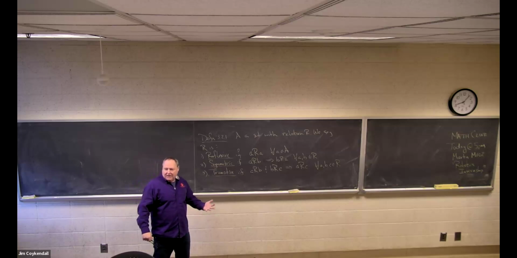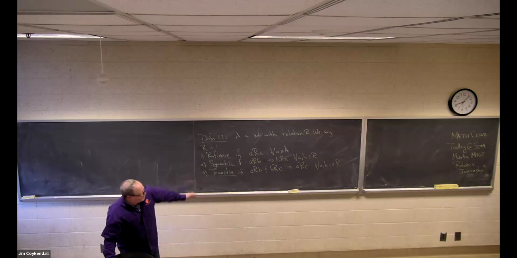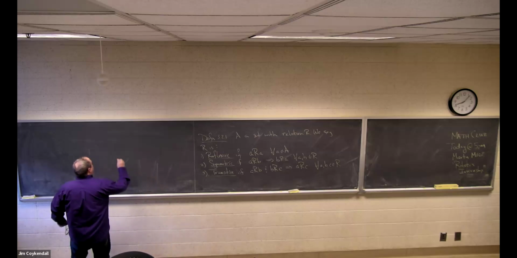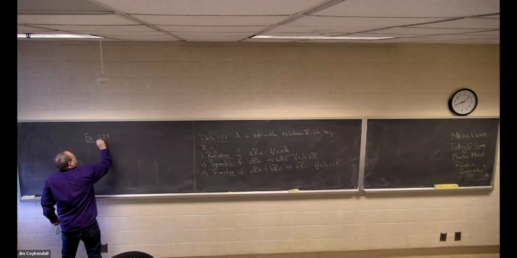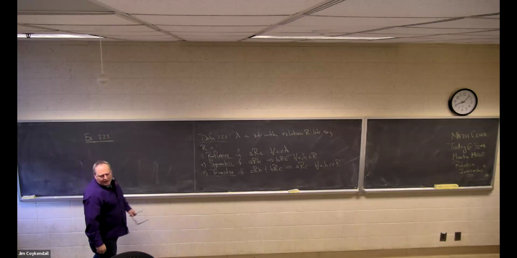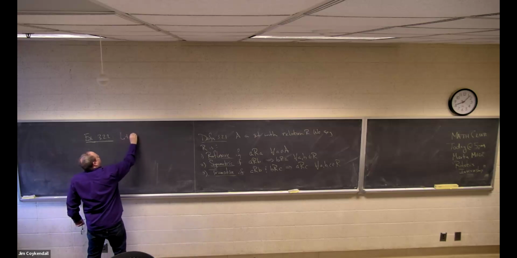This mimics equality. We had some examples last time where we had some things that satisfied all three of these that weren't just ordinary equality. So here's some more examples. This is going to be good for us. Example 3.2.2. Let A be a set and P(A) its power set.